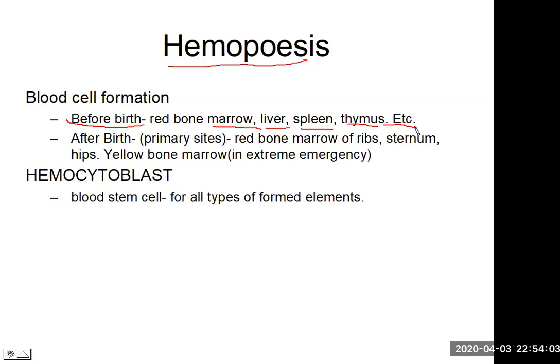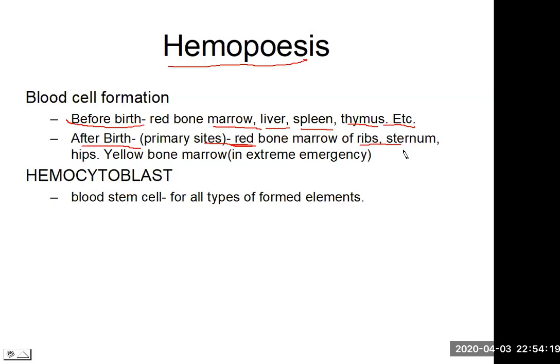However, as we get closer to birth, and then after birth for the duration of our life, we see that the major sites after we're born are the red bone marrow of the various bones of our body.